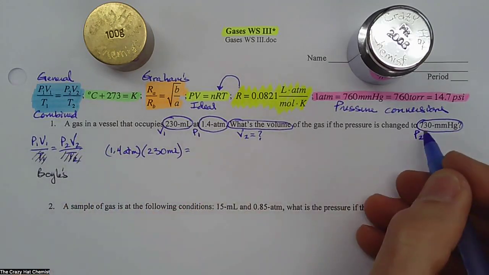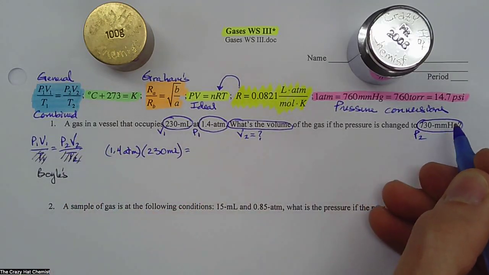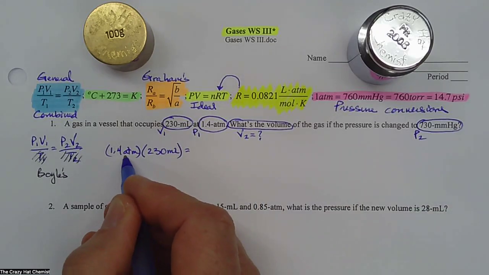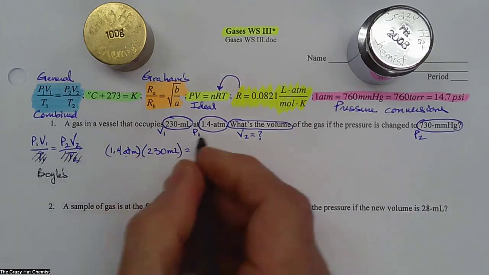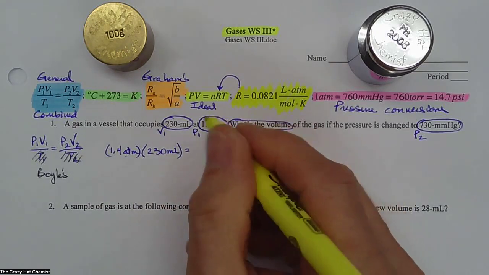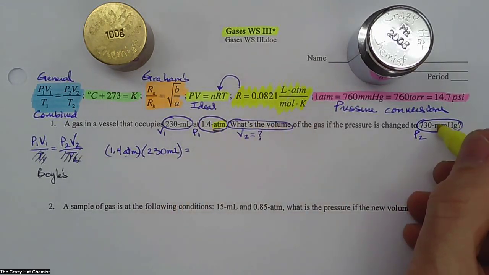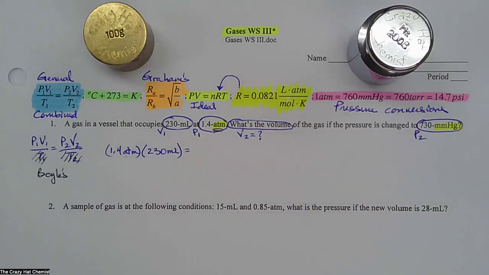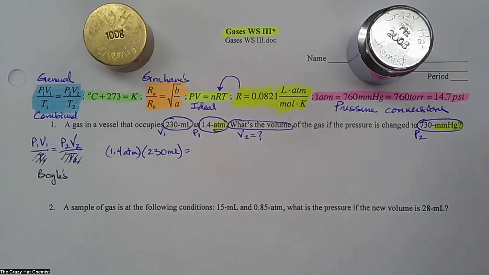Pressure number 2 is 730 millimeters of mercury. Now you notice that atmospheres and millimeters of mercury are not in the same set of units. So what's critical is that you must do a conversion of units to keep them in the same set of units.